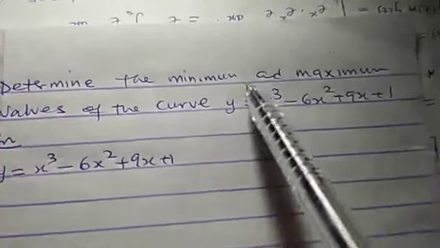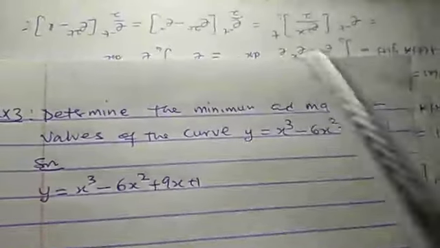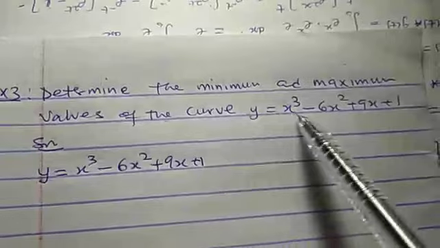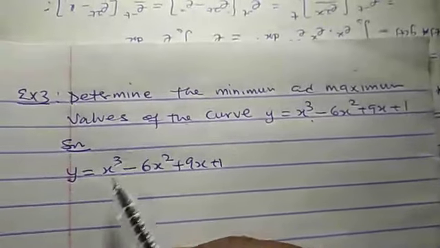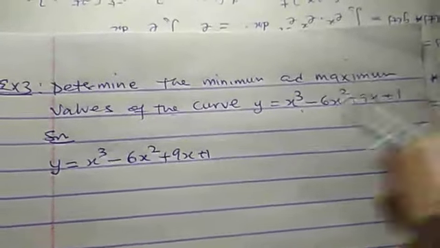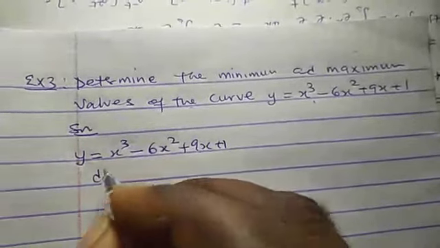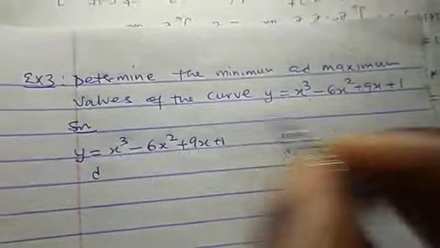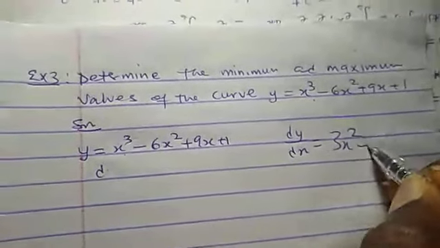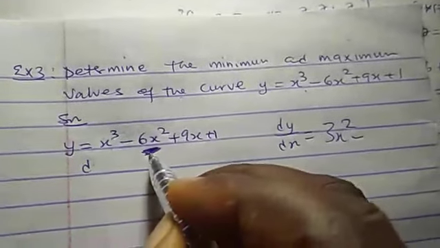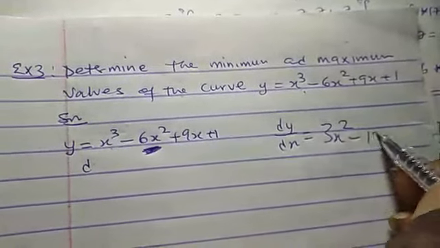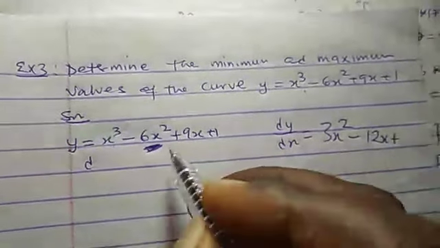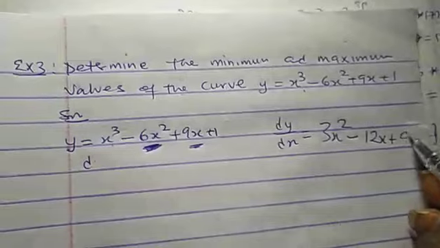So let's take another example. Determine the minimum and maximum values of this curve. Now, to get that, our first thing, we differentiate dy/dx. If I differentiate s cubed, I will have 3s squared, minus, if I differentiate 6s squared, I will have 12s, plus, if I differentiate 9s, I will have 9.